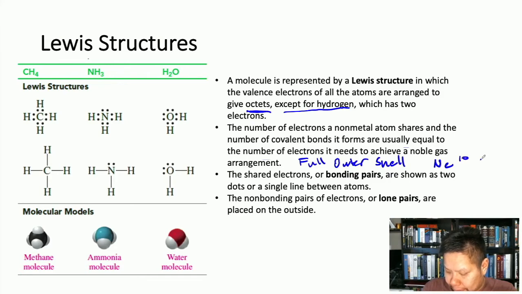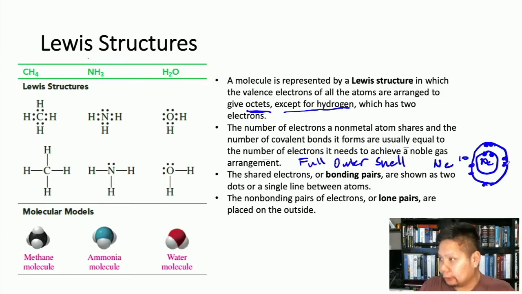If we had neon, 2 electrons are in the first shell, and then it has 8 electrons in its valence shell or its outer shell.